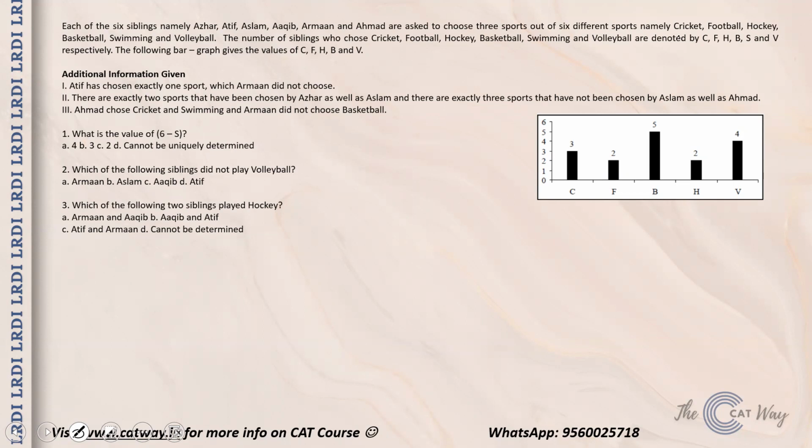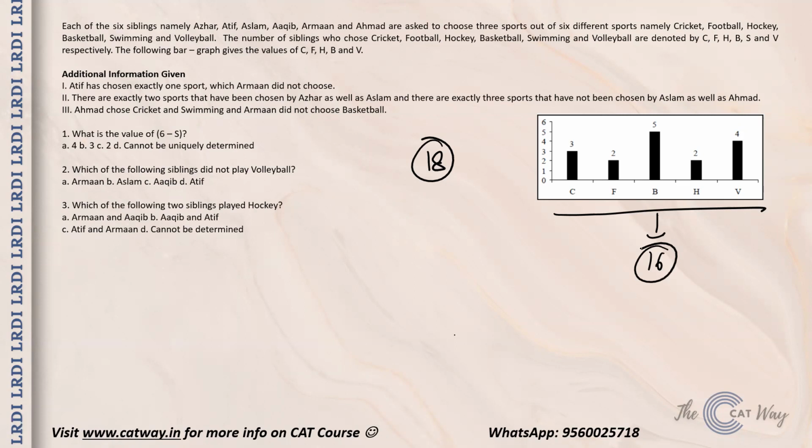Okay. Now, first thing that you know is that all the six siblings chose three sports out of the six. That means the total number of sports that have been chosen is equal to 18, right? Whereas over here, you have been given the data for cricket, football, basketball, hockey, and volleyball, but not for swimming. And the total value of this data is equal to 16, right?